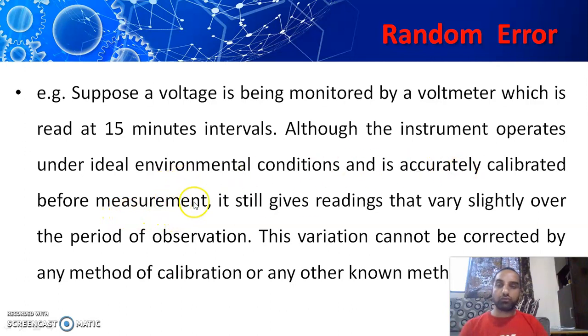All the conditions are good for measuring that quantity. It still gives a reading that varies slightly over the period of observation. It means we are not getting the same reading after 15 minutes; each time we get a different value.